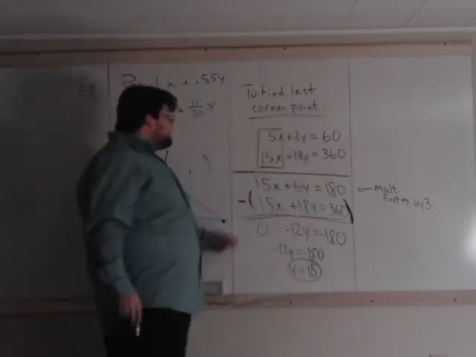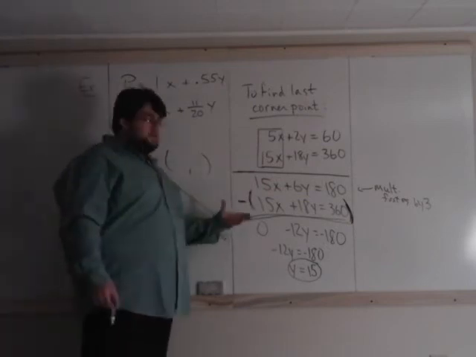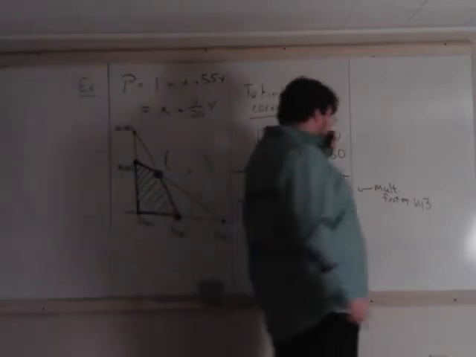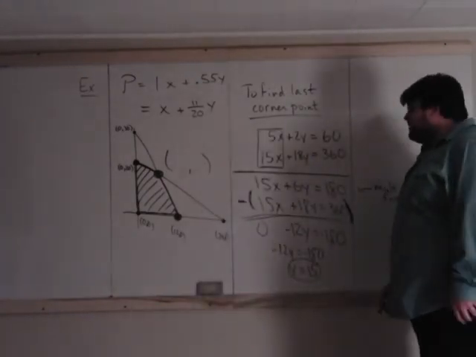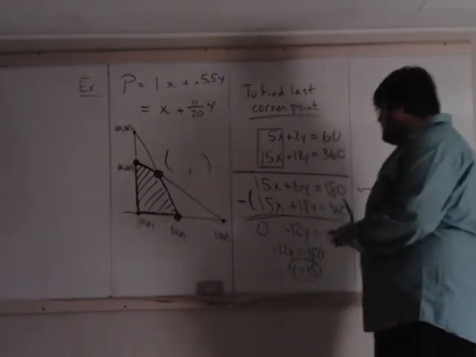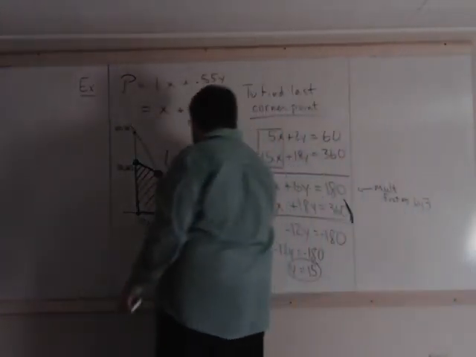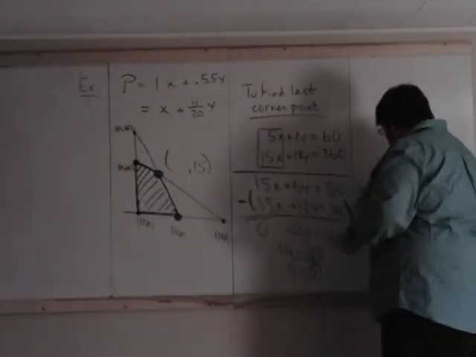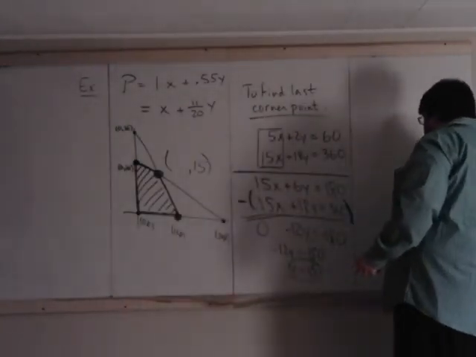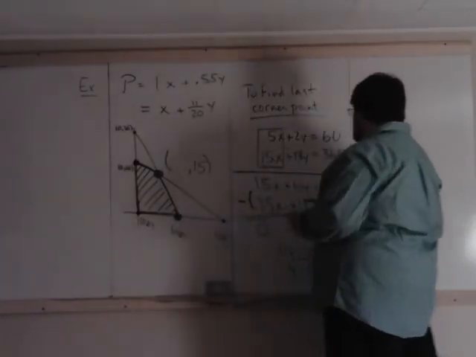So multiplying by 3 allowed us to get rid of all the x's in our equation. We were left with just a y. So now this ordered pair has y value 15. Well, how can we find the x value? All we have to do is substitute y equals 15 into one of these two equations.